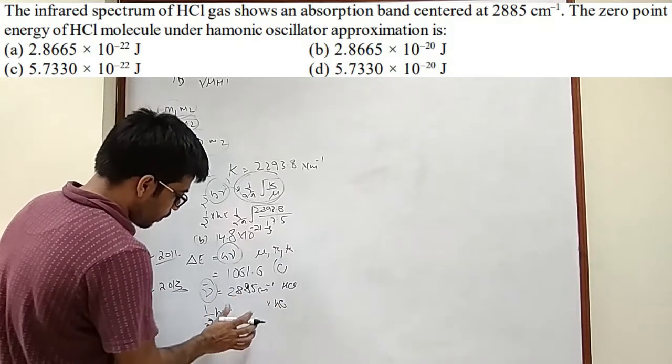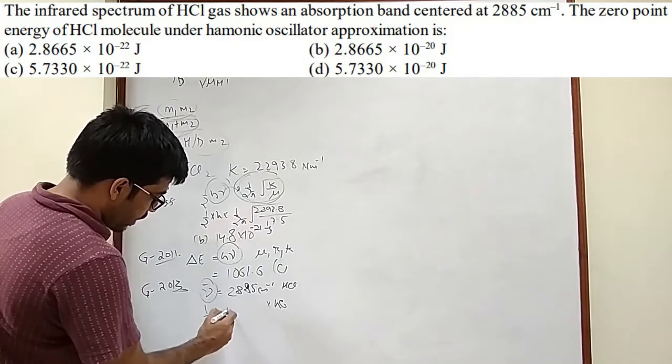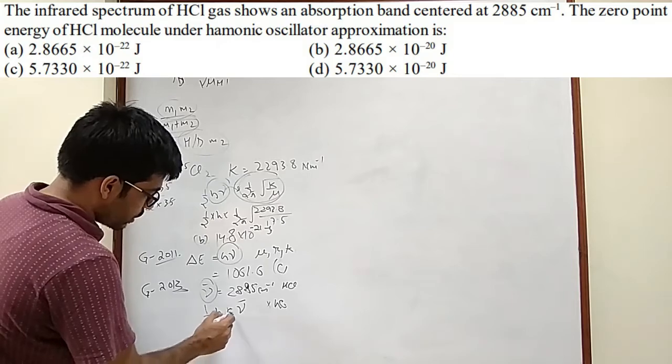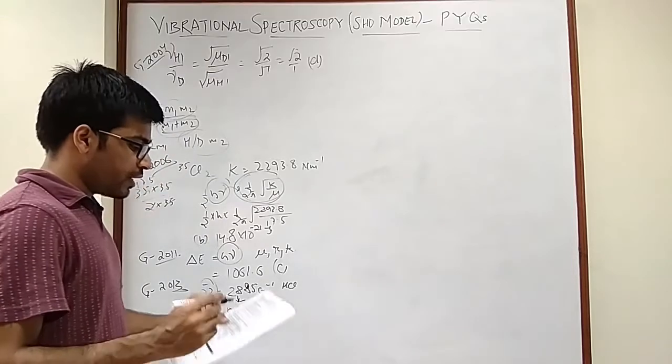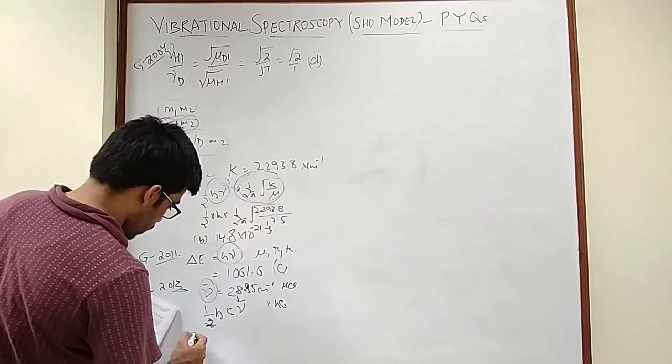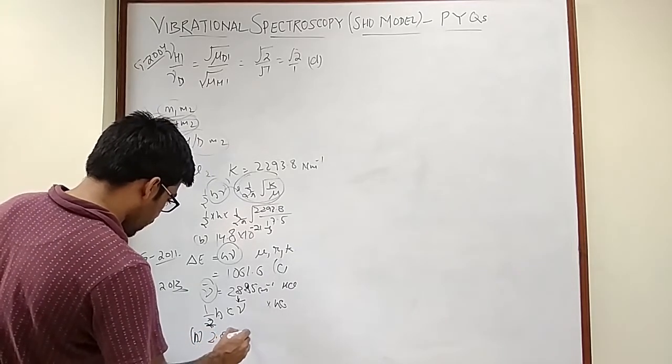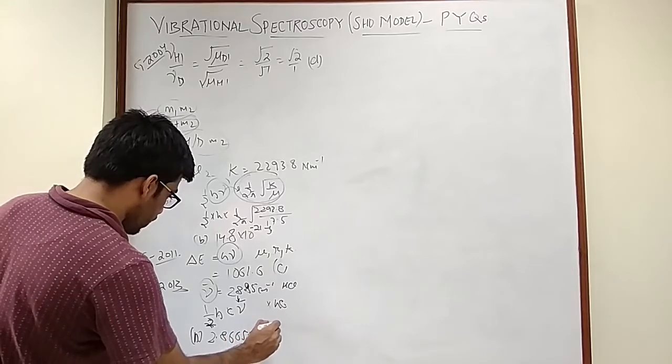So simply this would be hc nu bar. You put the value of h, c and this value, and you will get option number B, 2.8665 into 10 power minus 20 joules.